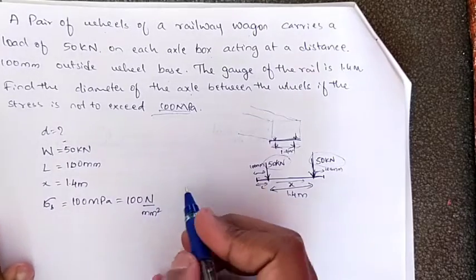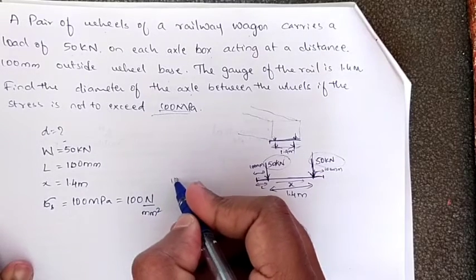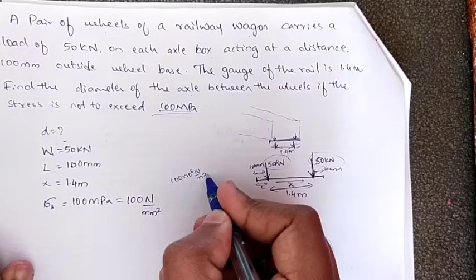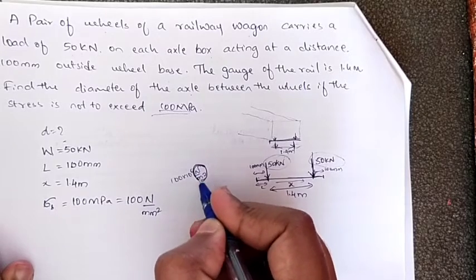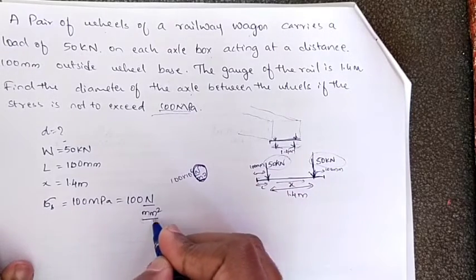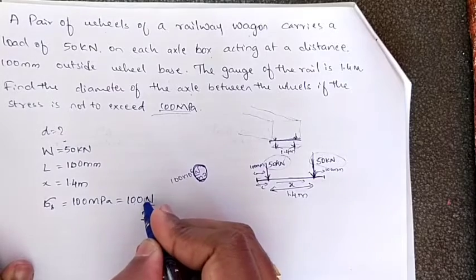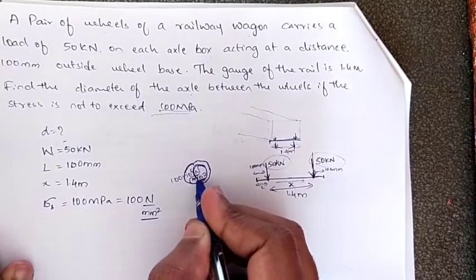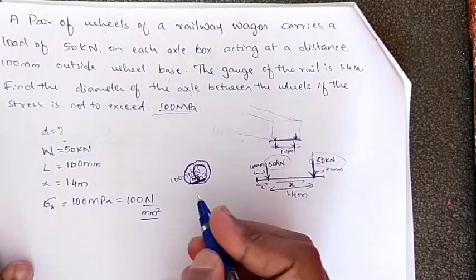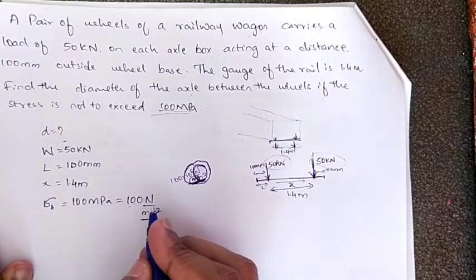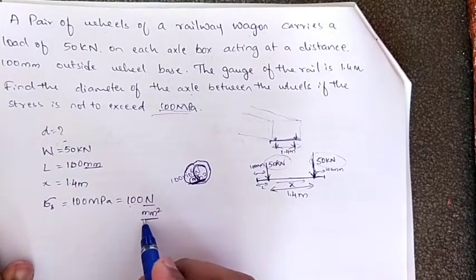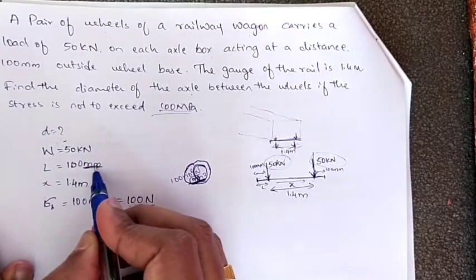If you write it in Newton per meter square, it is 100 into 10 raised to 6 Newton per meter square. If you write it in millimeter, directly it is 100 Newton per mm square. So every value is in millimeter, and we will take every value in millimeter only.